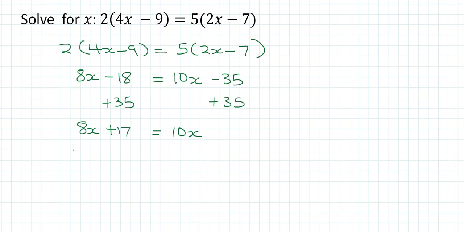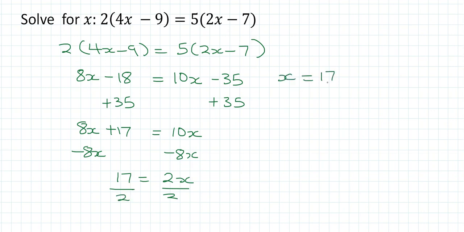Now we are going to subtract 8x from both sides, and we have 17 equal to 2x. Now we're going to solve this equation here. We divide both sides by 2. So x is equal to 17 over 2. So that's the solution to this problem.